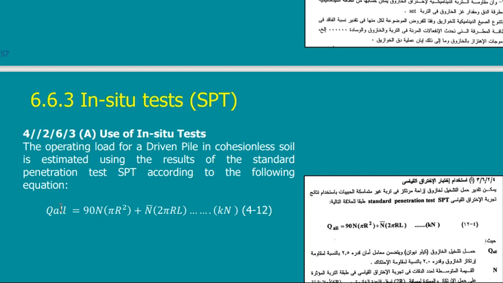However, for bored piles, I will take half of the value to be on the safe side. So if this pile can carry 200 ton, then I will only allow it to carry 100 ton in case of being a bored pile. So I'll just divide the final value I get by 2.